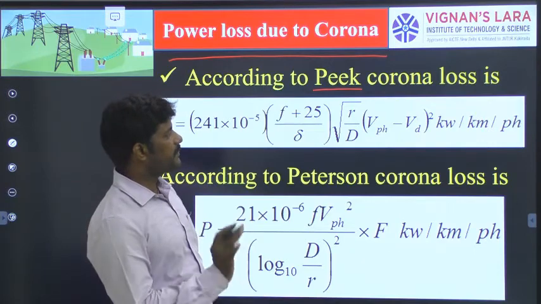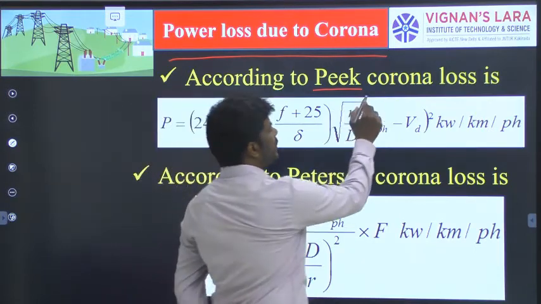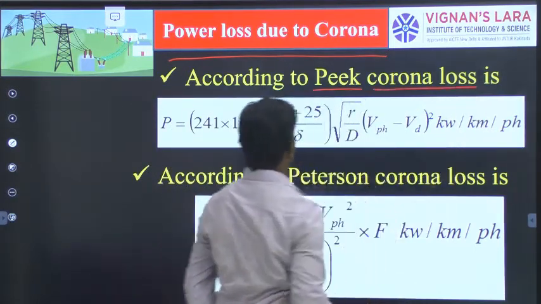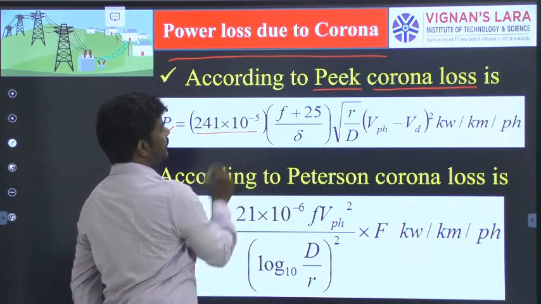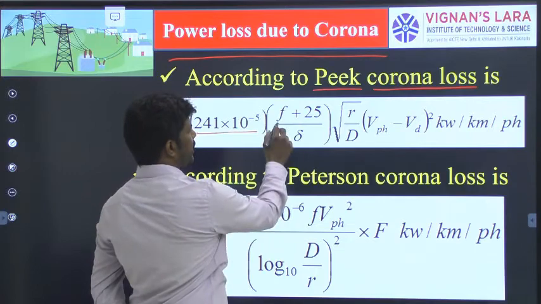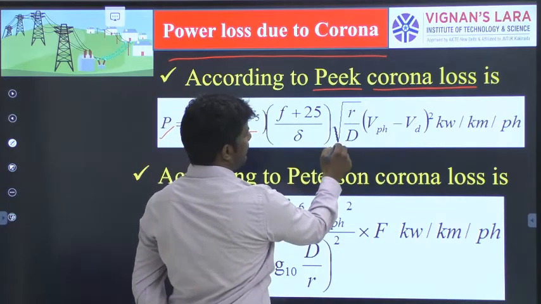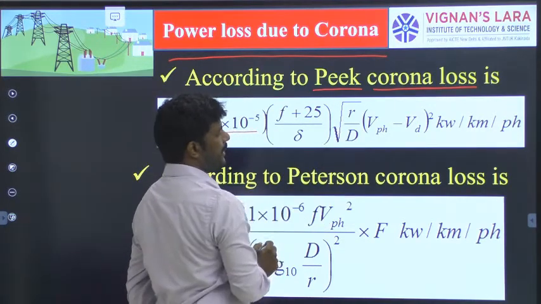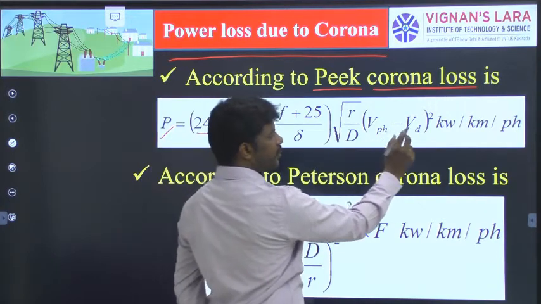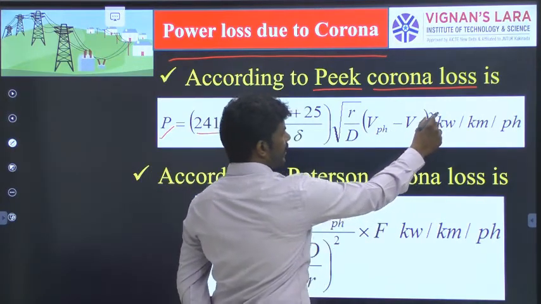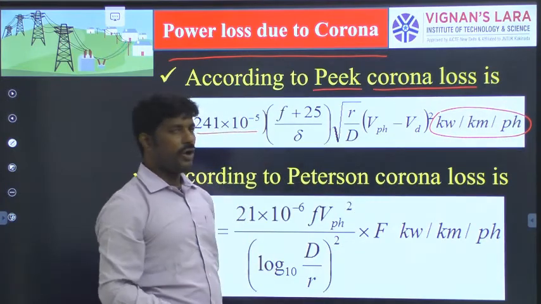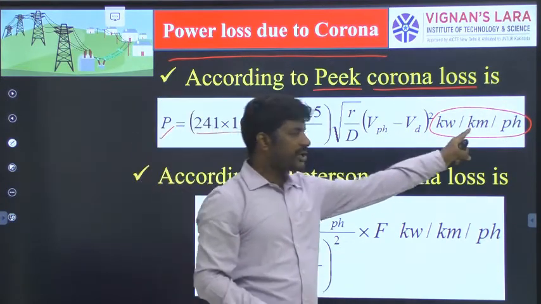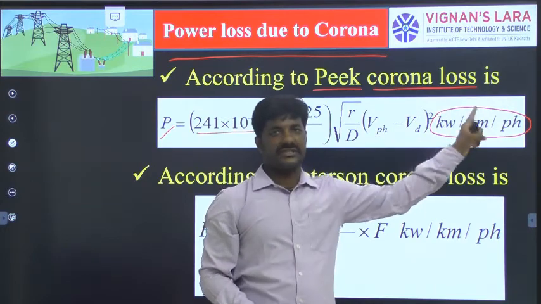According to Peek's formula, the corona loss is P equal to 241 into 10 power minus 5 into (f plus 25) by delta multiplied by square root of R by D into (V phase minus VD) whole square. This power loss due to corona is measured in kilowatts per kilometer length, per phase.